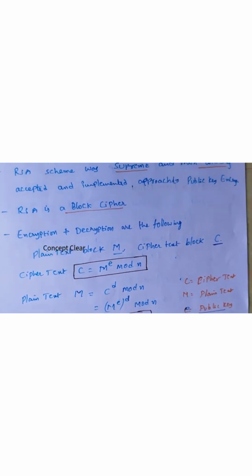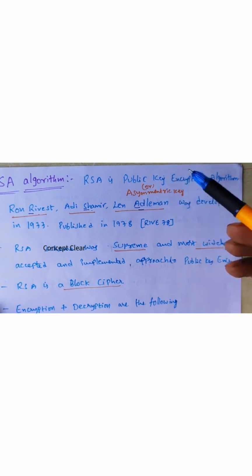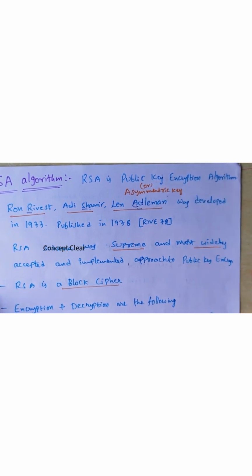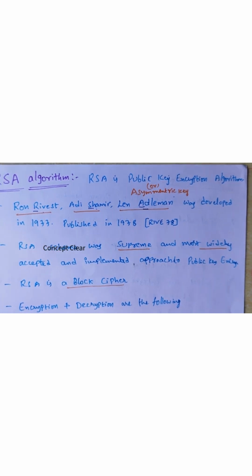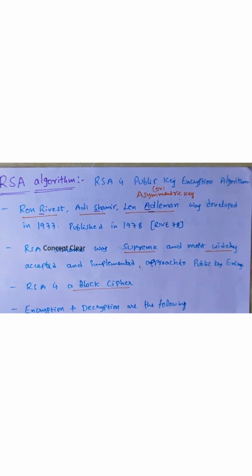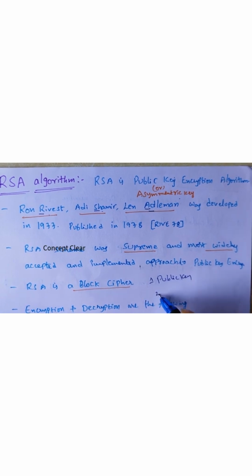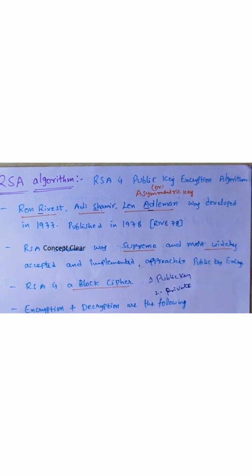First point: I already told you that RSA is public key encryption, asymmetric key cryptography. What is the meaning of asymmetric? Two keys are used for encryption and decryption, a pair of keys.